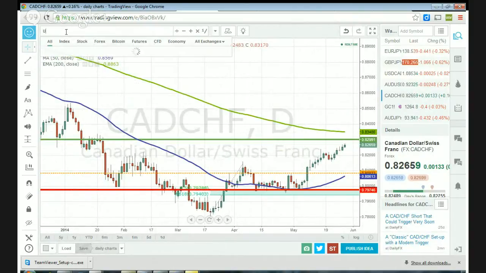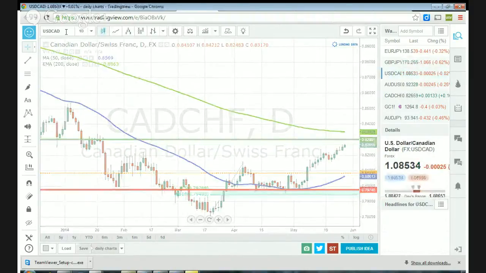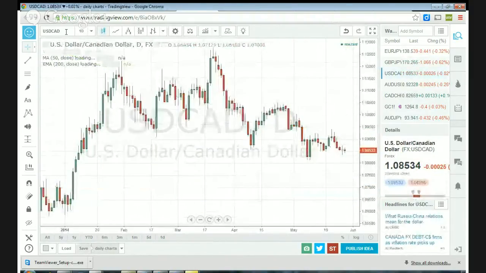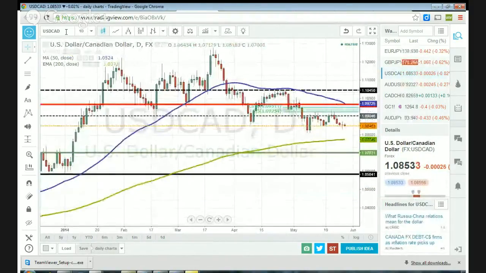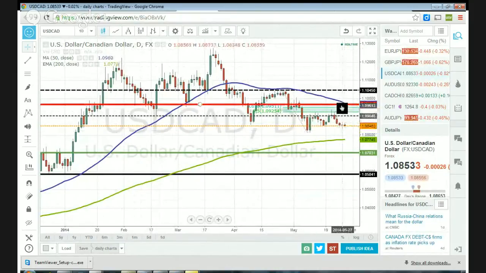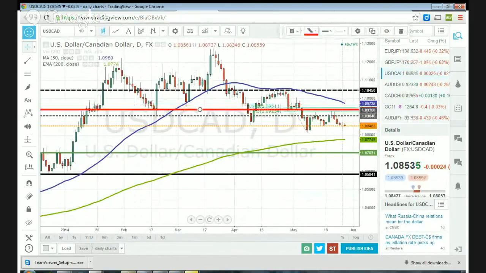Related to this is my dollar Canada trade, in which I'm short dollar Canada, which means I'm long the Canadian dollar. Now I did move my stop to break even. So I moved my stop from here to here.